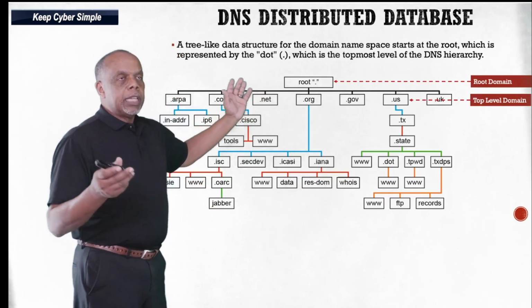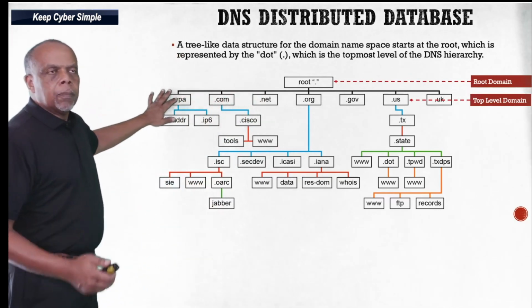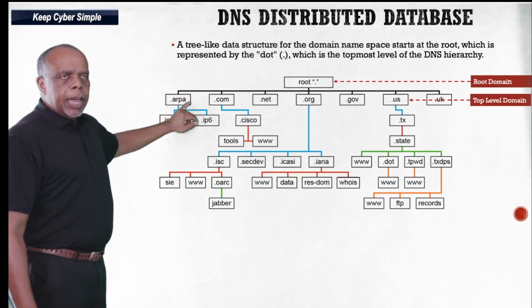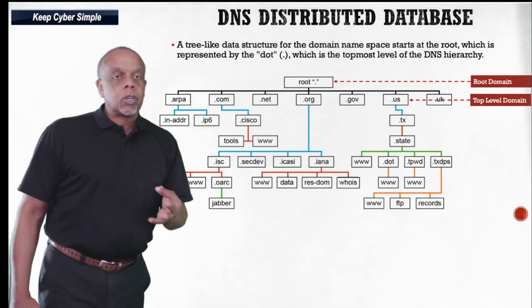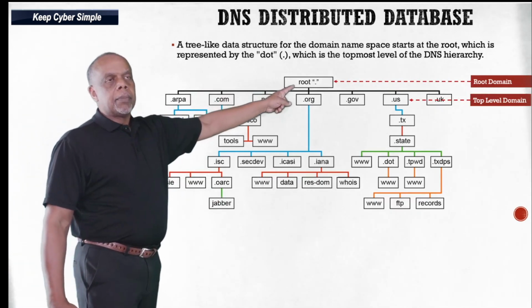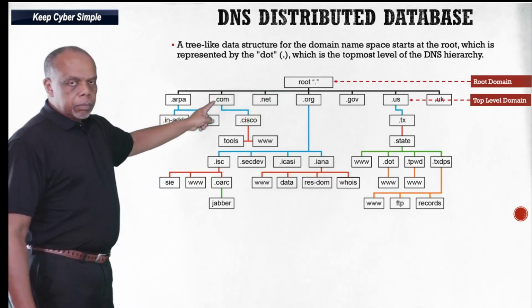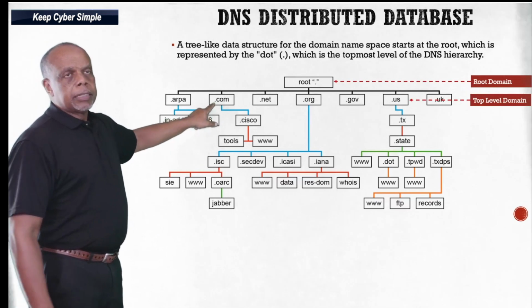Let's use any of these as an example. Let's just use Cisco. If my computer was looking for Cisco's IP address, it would go to the root and say, hey root, I'm looking for cisco.com. And root goes, okay, look in the .com, that's where I'm going to send you. That's the top level domain.